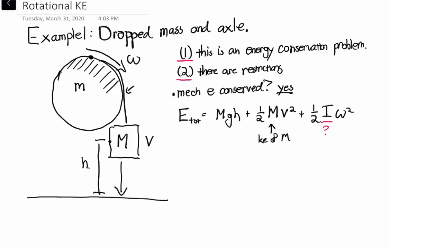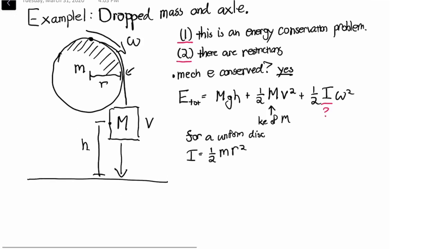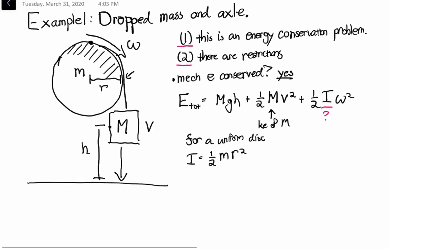So what you should do at this point is go over to your table of moments of inertia and remember that, or you don't have to remember, you can just look it up. For a uniform disk, the moment of inertia is 1/2 m r squared. Okay, so if this disk is some radius r, then we can calculate this.